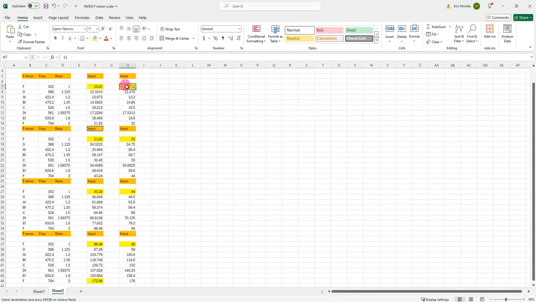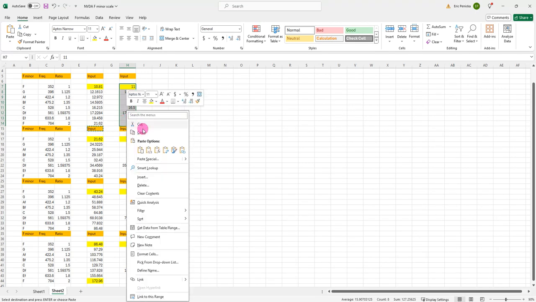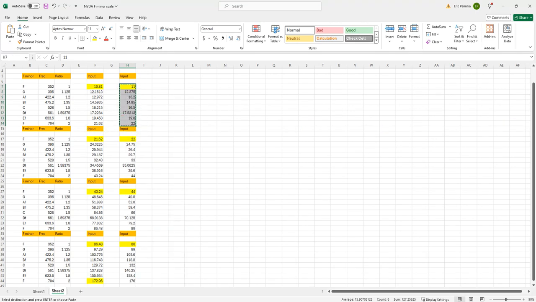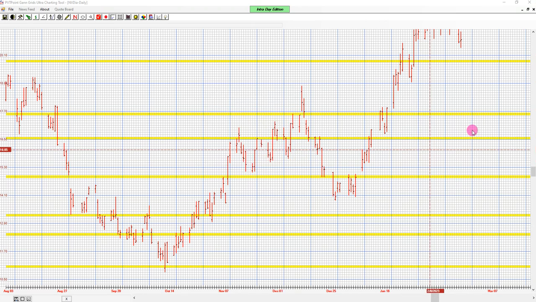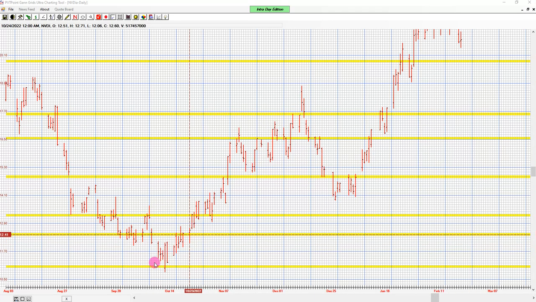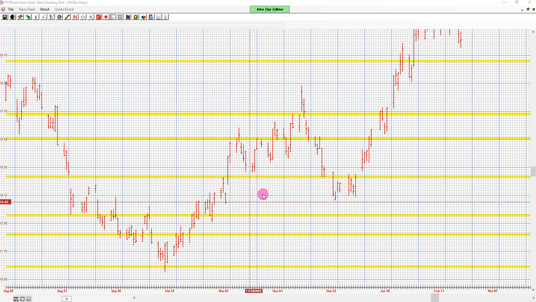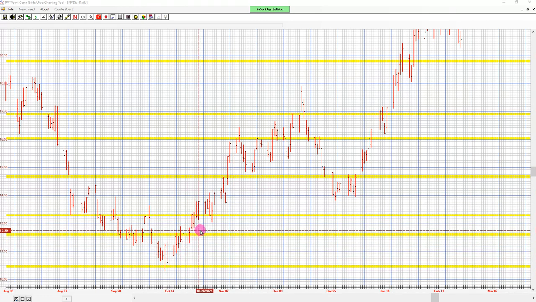What I'm going to do is grab the 2 octaves. I'm going to plot the first 2 octaves onto that chart using the price tool. So I've got the 11 to 22, and then the 22 to 44. I'm going to highlight that. And now looking at the daily chart off of that low, the October 2022 low at 1081 there, you can see how those levels are operating on the daily bar.